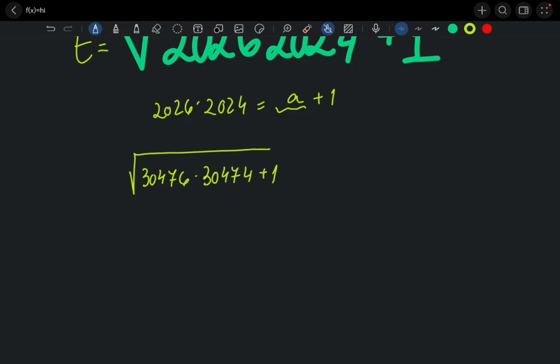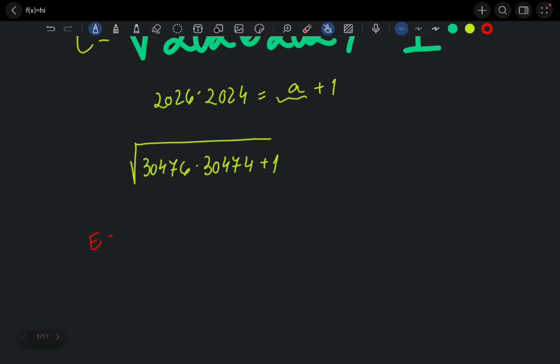Let's go back to our initial problem. So we have to find the value of e, which was the square root of 2024 times 2026 plus 1. So 2026 and 2024 are pretty close to each other.